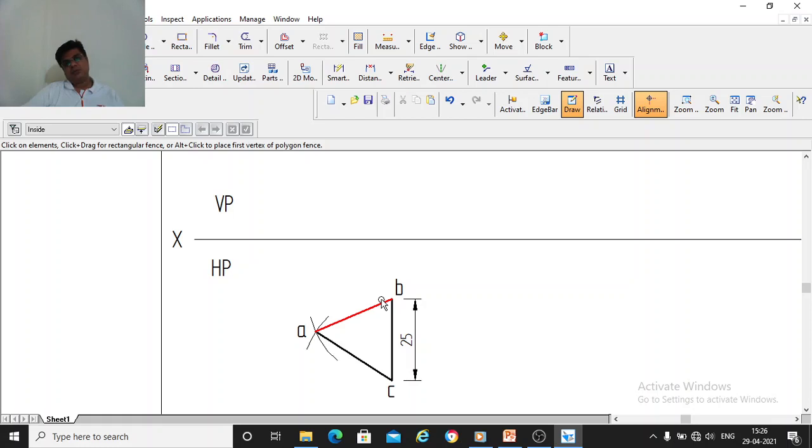If there are four corners for square or rectangle, give it as A, B, C, D. If it is pentagon, give it as A, B, C, D, E. If it is hexagon, A, B, C, D, E, F like that. So all the corners you have to name and the edges you have to give the dimension. That is important. So once you have drawn the top view, now I should draw the front view.